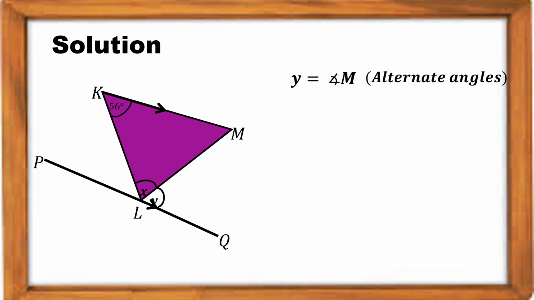And from there, we know the magnitude of angle M. Angle M is equal to x, which we just worked out to be 62 degrees. And from there, we're just going to state the magnitude of y as 62 degrees. Alright? So our answer, y is equal to 62 degrees. Now it's pretty simple. It didn't really take too much thinking.